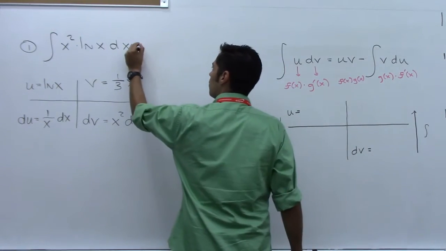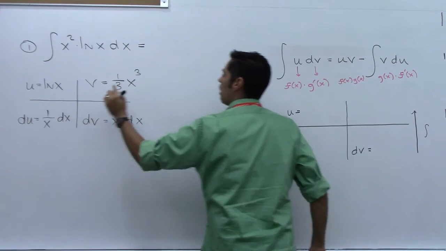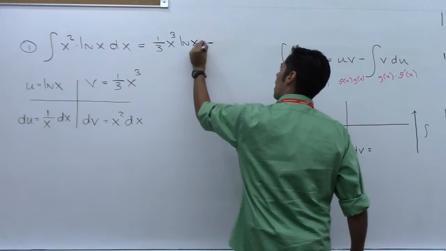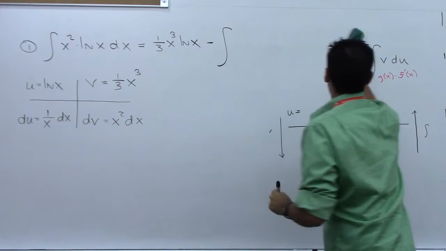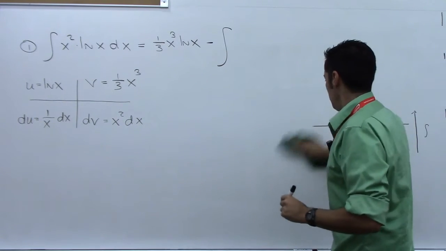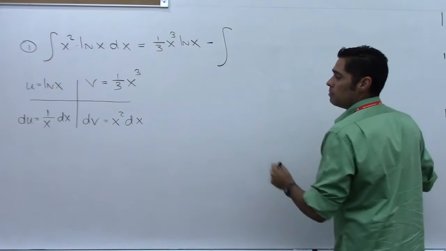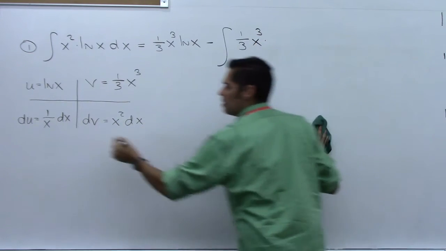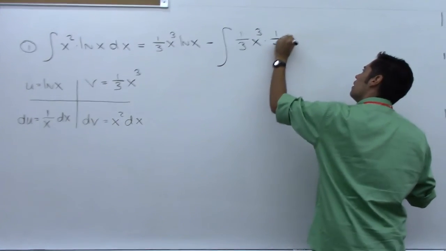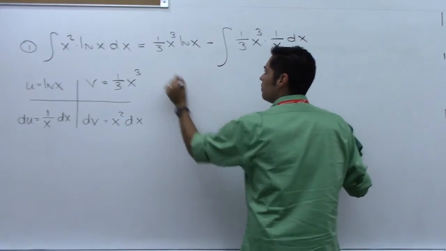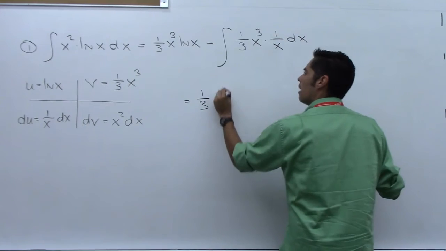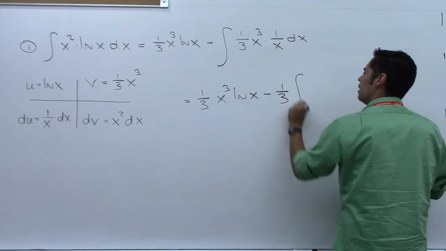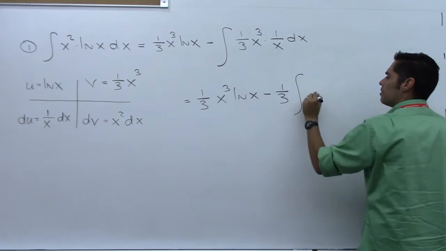So this will be equal to uv, which are these two multiplied together, 1/3 x cubed natural log x minus a new integral, and then v du, which is 1/3 x cubed times du, which is 1 over x dx. And so now this becomes 1/3 x cubed natural log x minus, I'm going to bring the 1/3 out, integral, and then I have an x cubed divided by an x, so this is x squared dx.